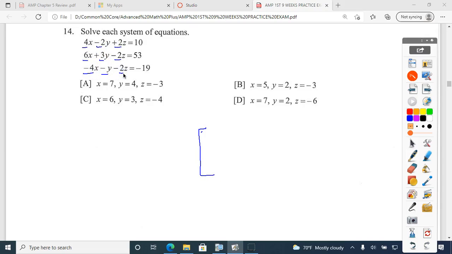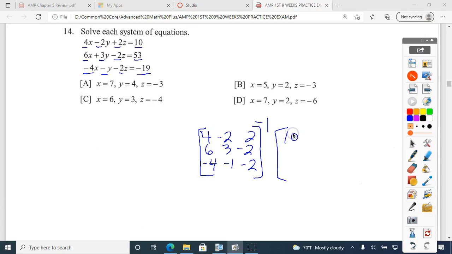Okay, so that would be 4, negative 2, 2, 6, 3, negative 2, negative 4, negative 1, and negative 2. And you do the inverse of that matrix times your answer, the constant matrix, 10, 53, and negative 19. And that's what you're going to put in your calculator.